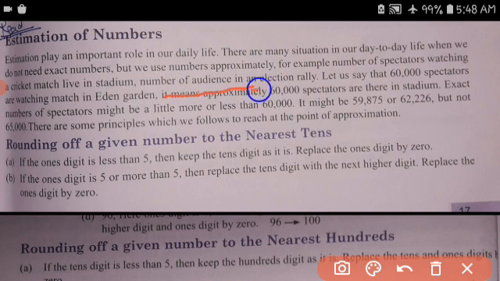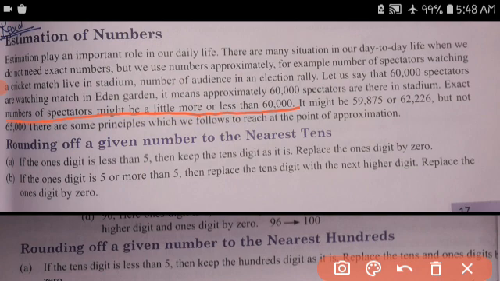in an election rally. Let us say 60,000 spectators are watching the match in Eden Gardens. It means approximately 60,000 spectators are there in the stadium. The exact number of spectators might be a little more or less than 60,000.